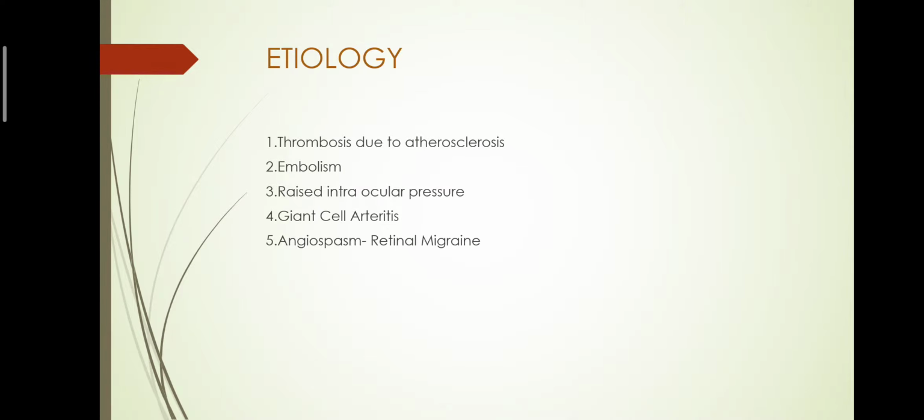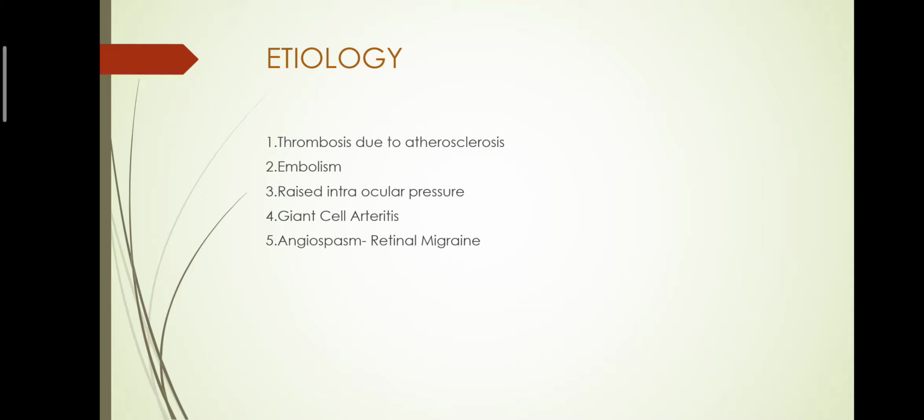So what is the etiology? The most important risk factor for artery occlusion is atherosclerosis. Since it occurs in the elderly and they are more prone to atherosclerosis, thrombus due to atherosclerosis is the most important risk factor. Other important risk factors are emboli. It can be cholesterol emboli or fibrin emboli, which get dislodged from the carotid artery or from the heart, that is cardiac emboli.